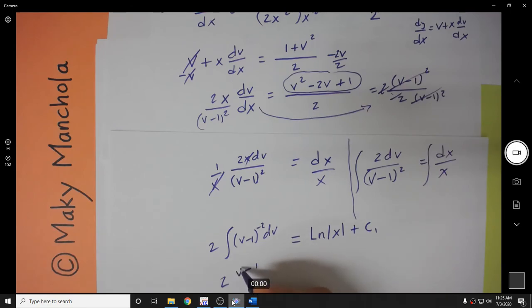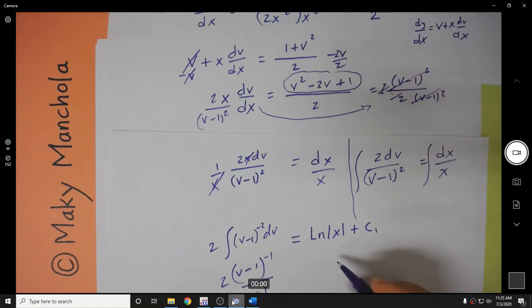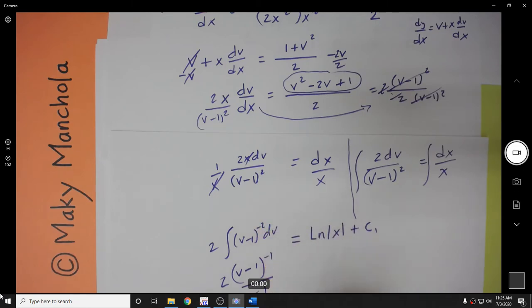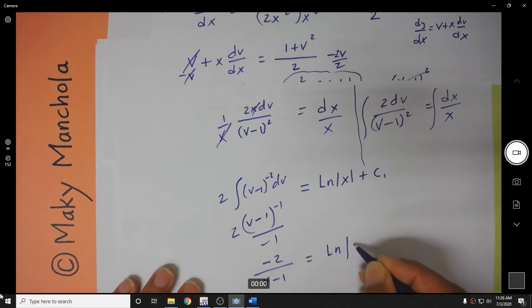So this is (v minus 1) to the negative 1 over the new exponent, which is negative 1. So increase the power, divide by the new exponent. At the end, we have negative 2 over (v minus 1) equals the natural logarithm of the absolute value of x.